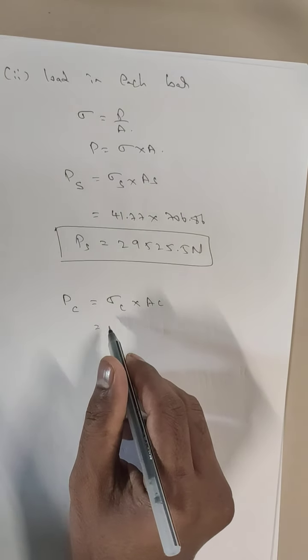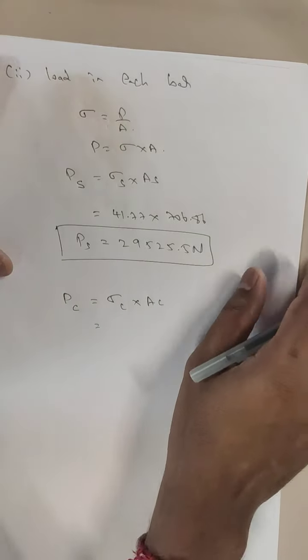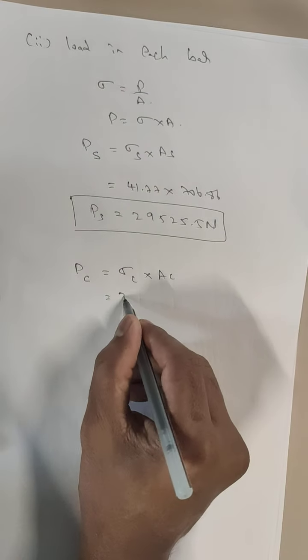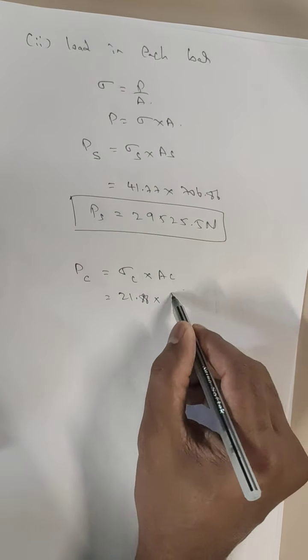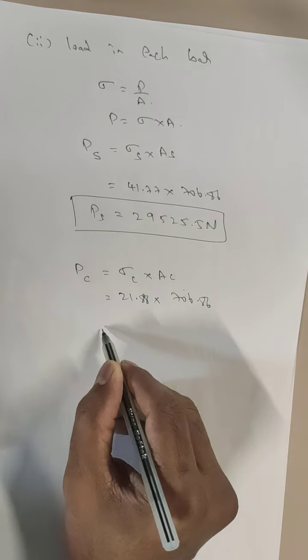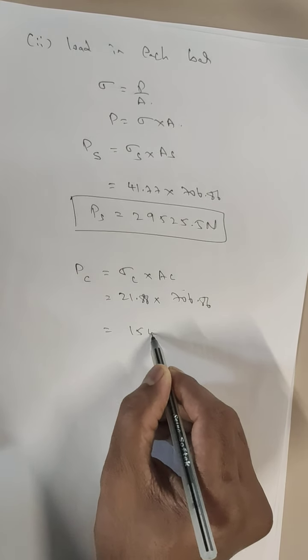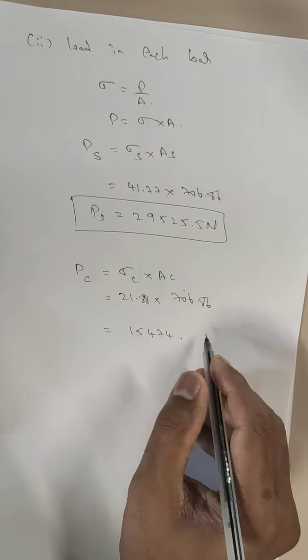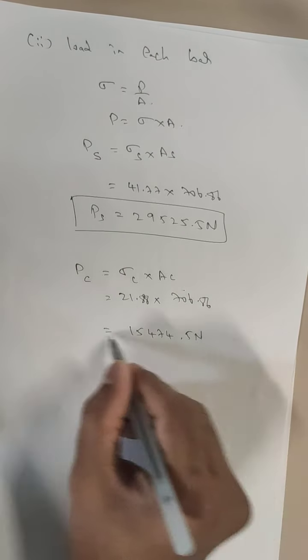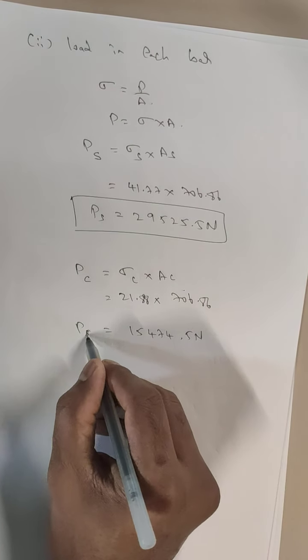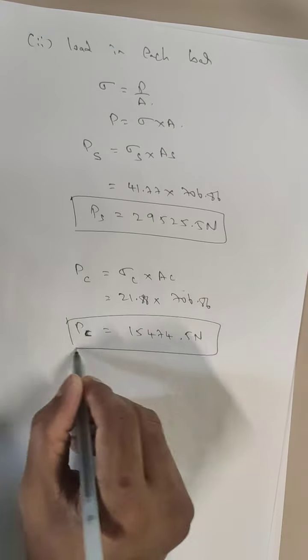Sigma C is 21.88, so 21.88 into the area 706.86. If you calculate, you get 15474.5 Newton. So PC is this one.